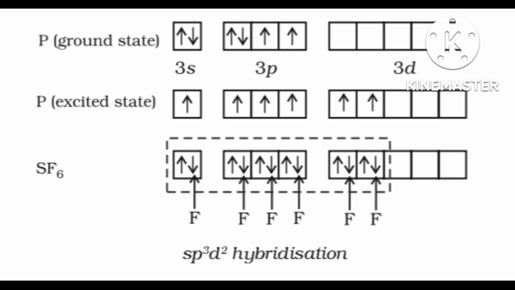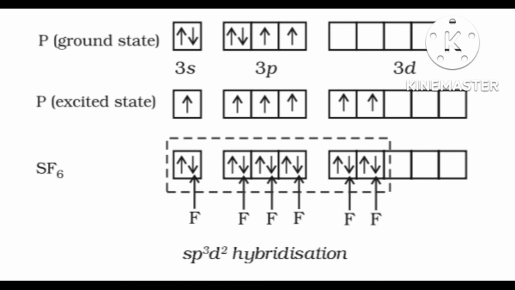Now what will happen: in 3s 1 electron will remain, and in 3p one electron each was already there. Now 1 electron from the s went to 3d. Then 5 orbitals are there, each with 1 electron, and they hybridize, and after that 5 hybrid orbitals are there.